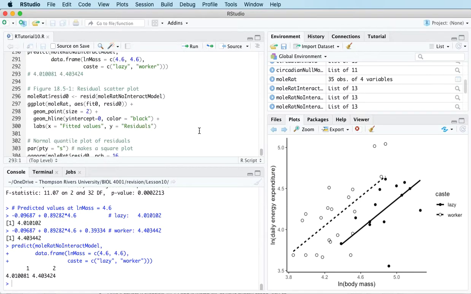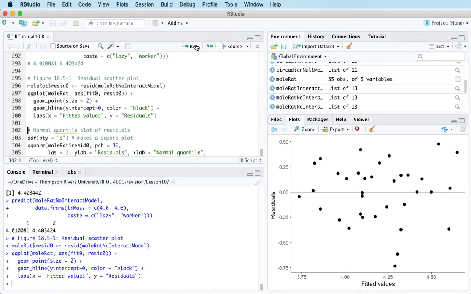Okay, I haven't really mentioned checking assumptions in this last series of videos, but really we ought to be checking assumptions each time we fit a model before we start using it to make predictions. Just as a quick example, we could look at a residual scatter plot.